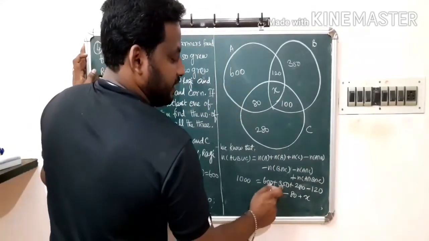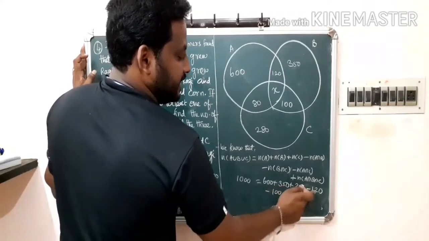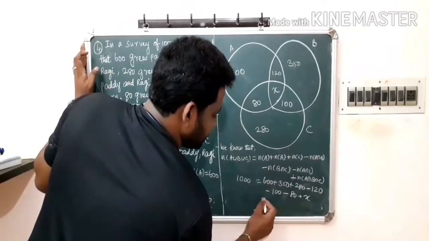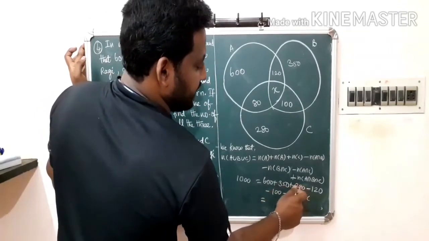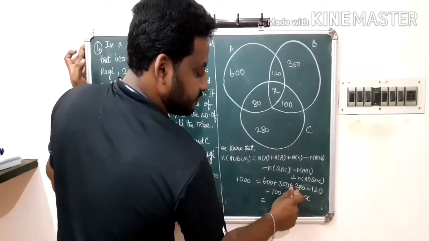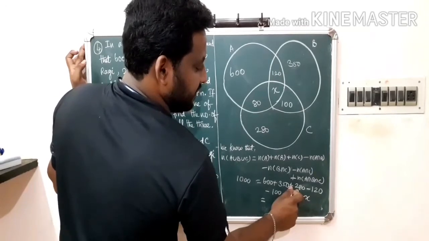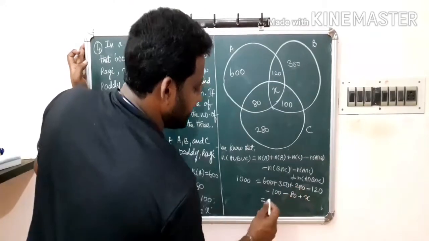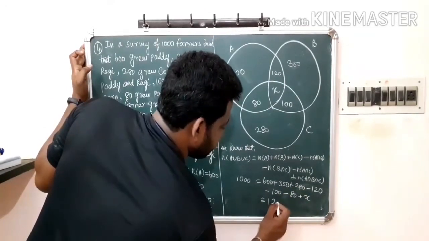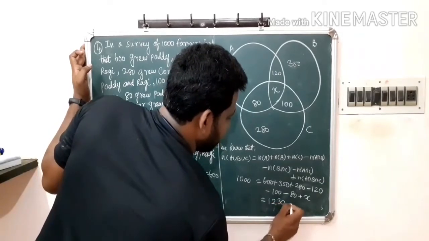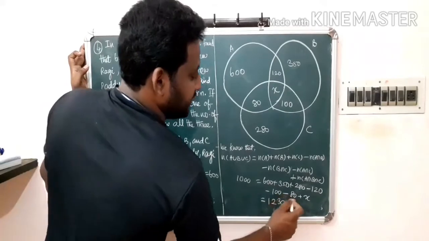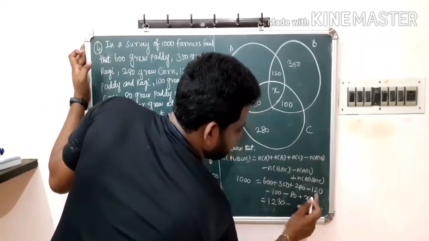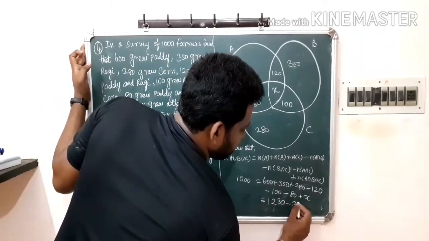So we have to add all the positive values and then all the negative values. 600 plus 350 is 950, 950 plus 280 is 1230. Minus 120 plus 100 is 220, plus 80 is 300.